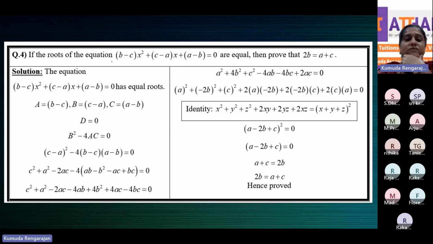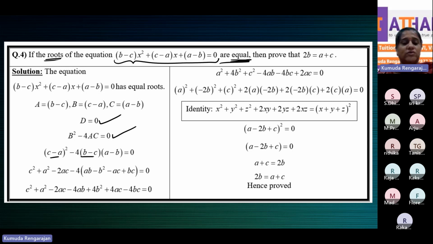So here we have a quadratic equation. We are given that the roots are equal. If roots are equal, that means the value of D is 0. That means b squared minus 4ac is 0. Substitute the values of a, b, c and simplify. So you get something like this.